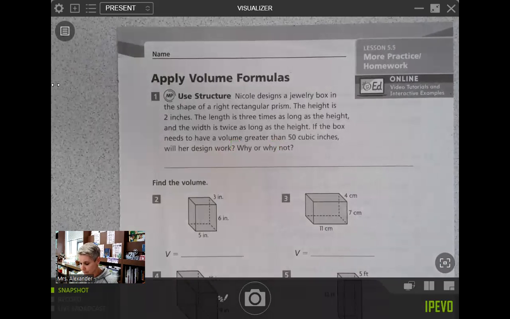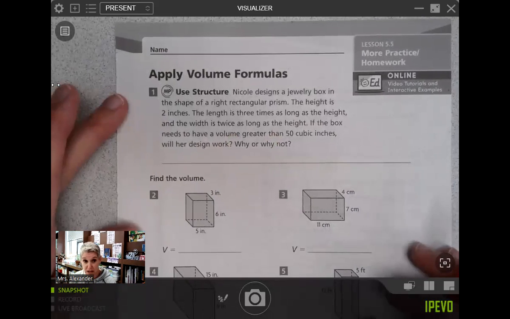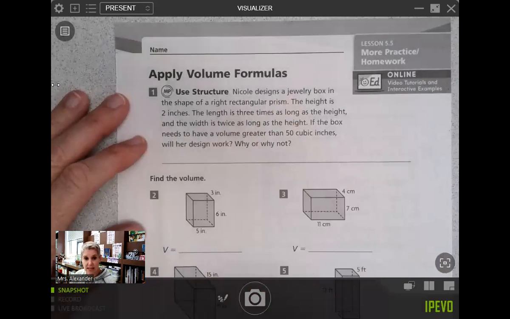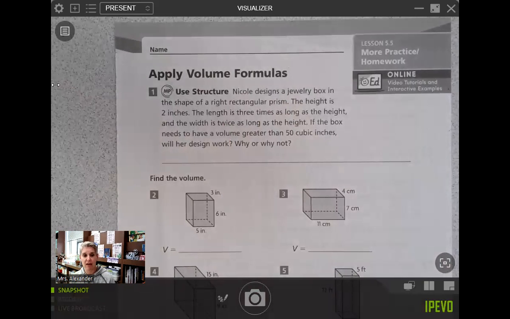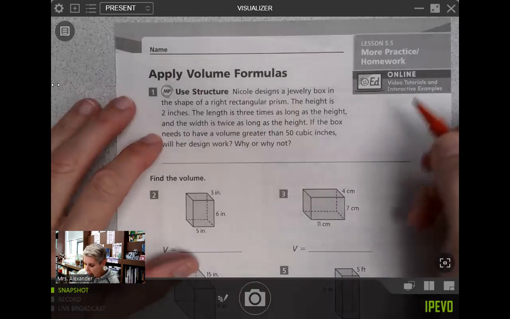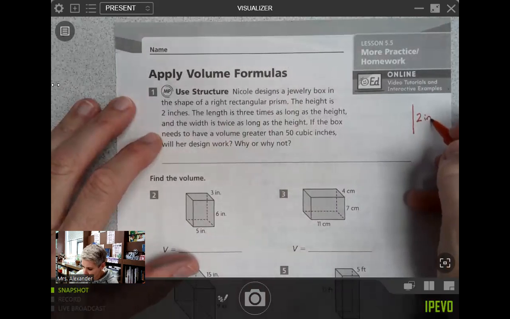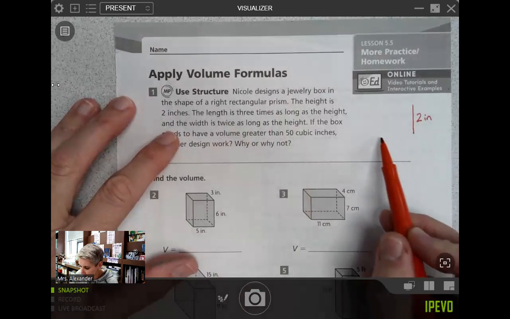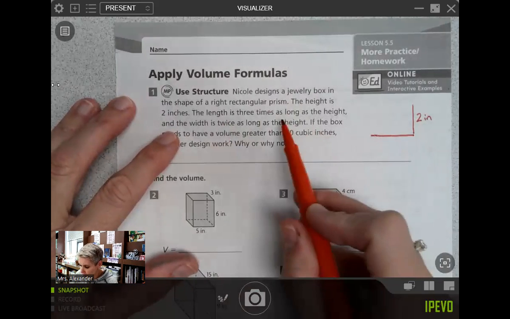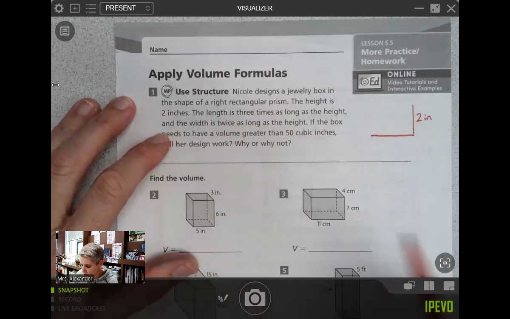Why or why not? So we are given a lot of information here. It is a right rectangular prism, so we know we can use that volume formula. The height, if I just sketch it over here, is 2 inches. The length is 3 times as long as the height.